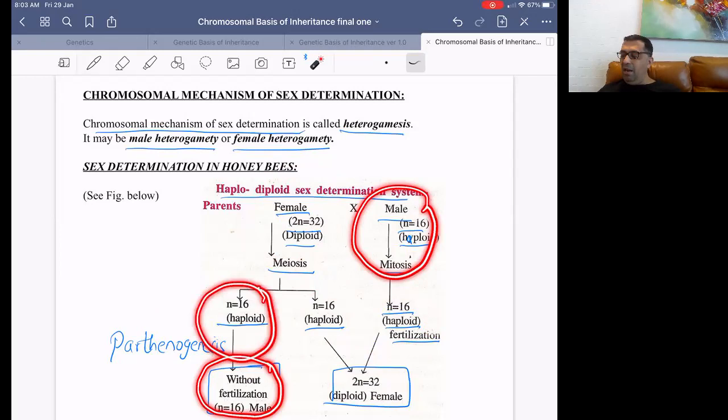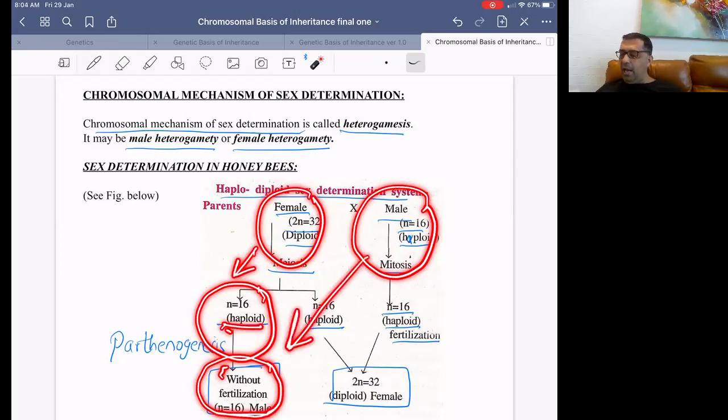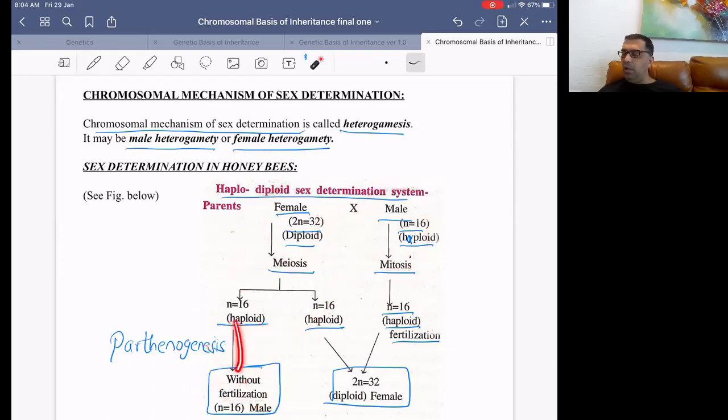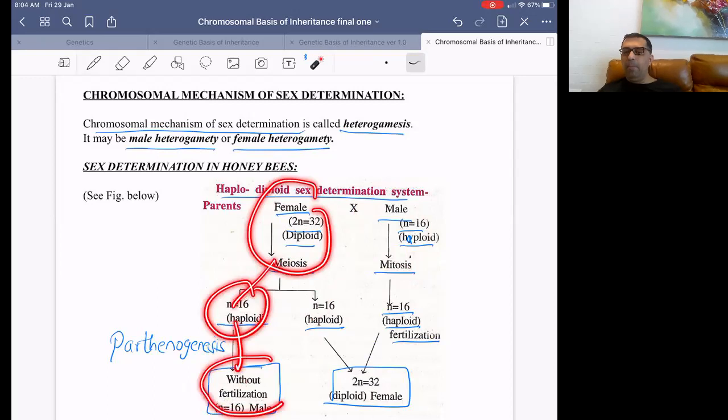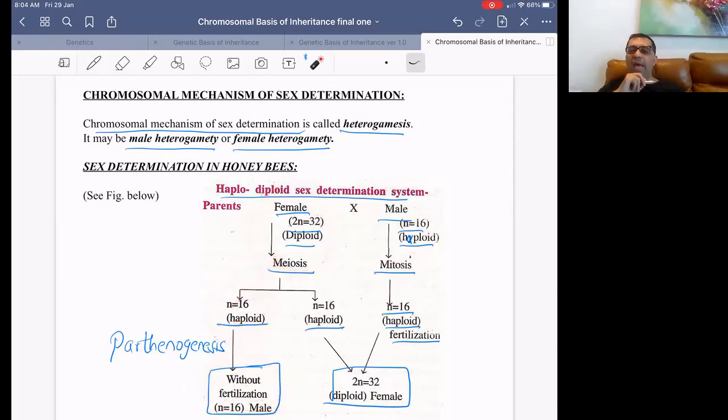So the male will have a resemblance to the mother because it was formed from her haploid egg. Males do not form the next male. Males are formed exclusively from the mother, so they have maternal characteristics. And that is the way haplodiploid sex determination is found in honeybees.